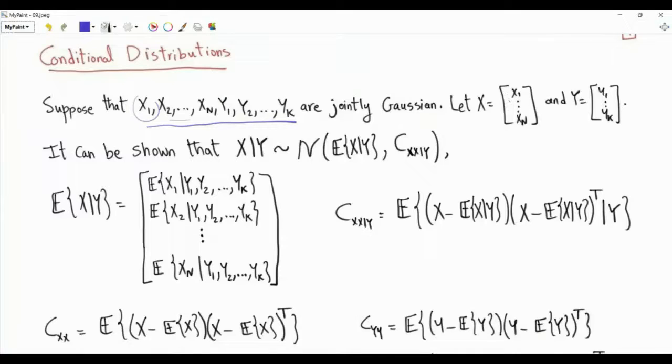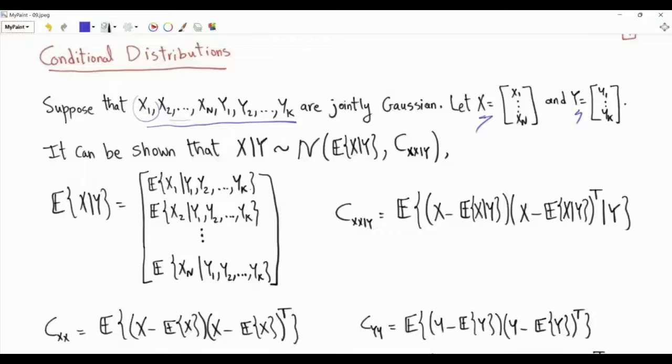Let's take the x's and use them to build an n by 1 column vector x. So this will be random vector x. And let's do the same to the y's. So we have those random variables y1 to yk in random vector y. And we are interested in the statistics of x given y.